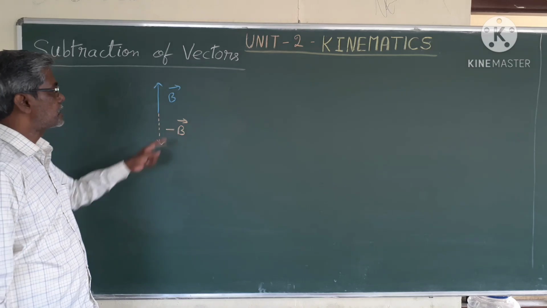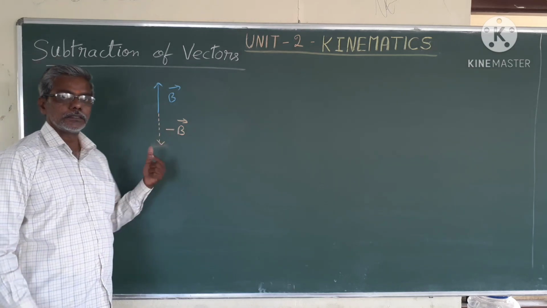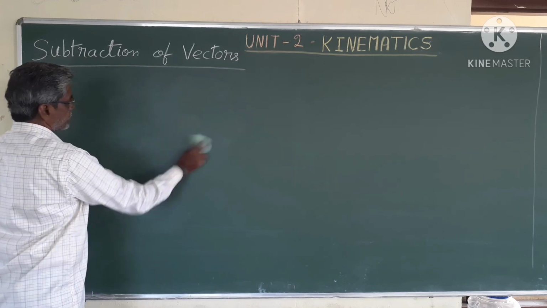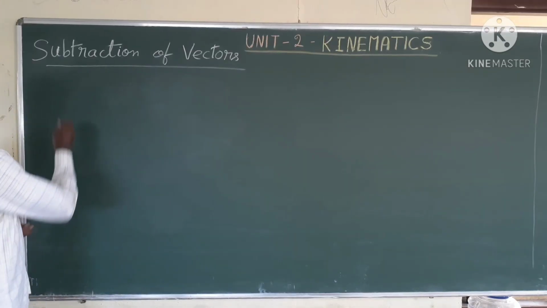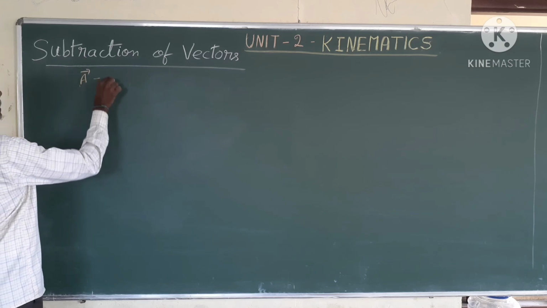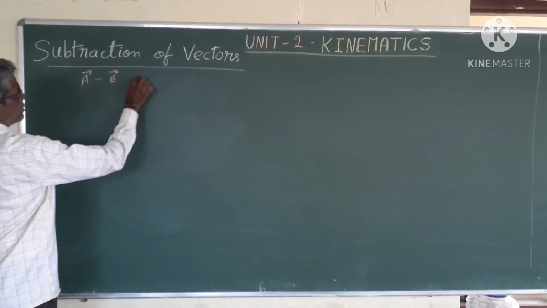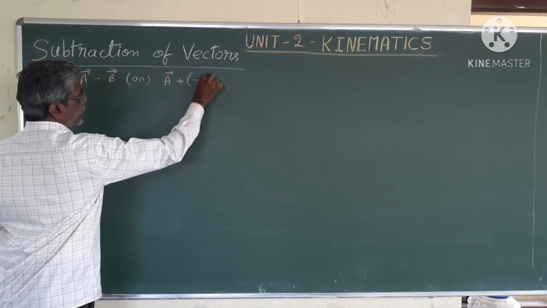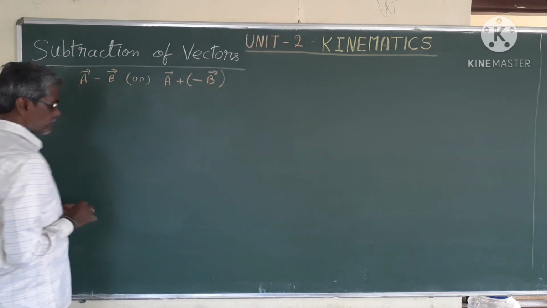In this way, minus b vector will be shown. Now we will go for subtraction of vectors, that is a vector minus b vector, or a vector plus of minus b vector.